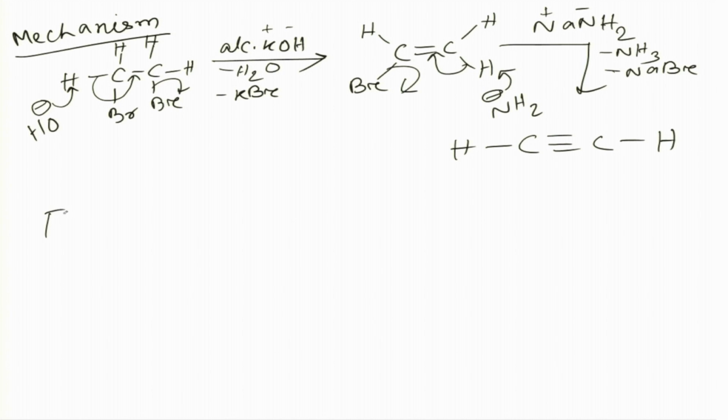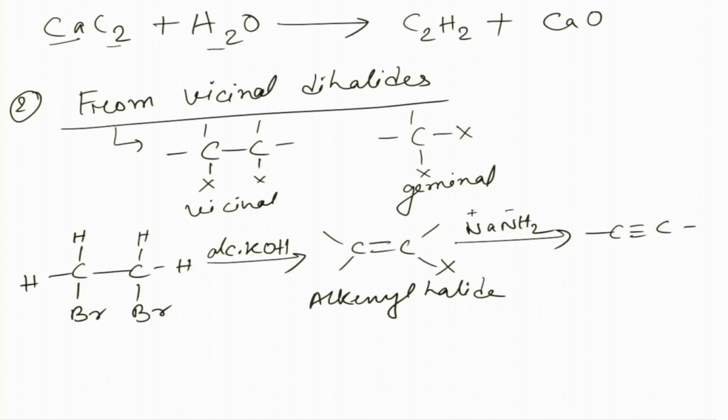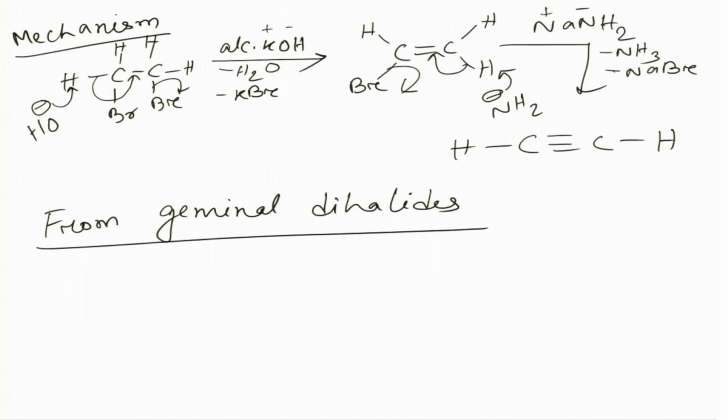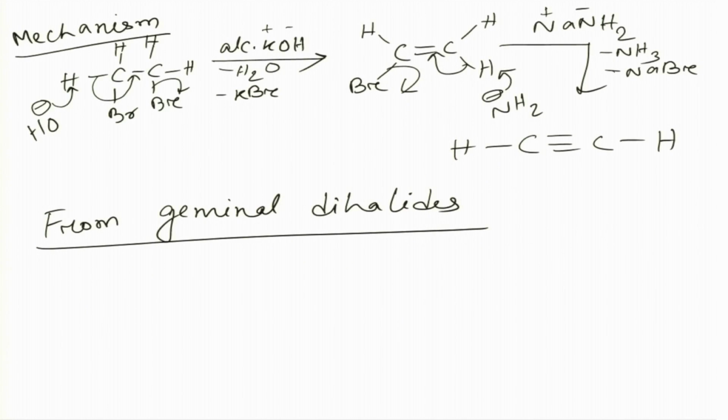Now, the next reaction is from geminal dihalides, where both halogens are attached to the same carbon. Both of these processes, from vicinal dihalides and geminal dihalides, can be called dehalogenation.